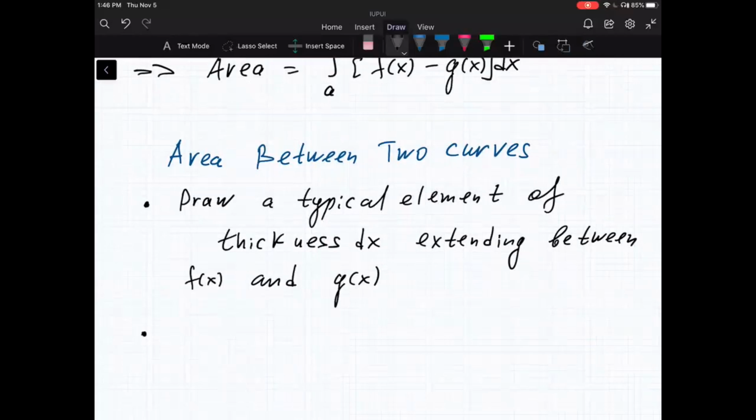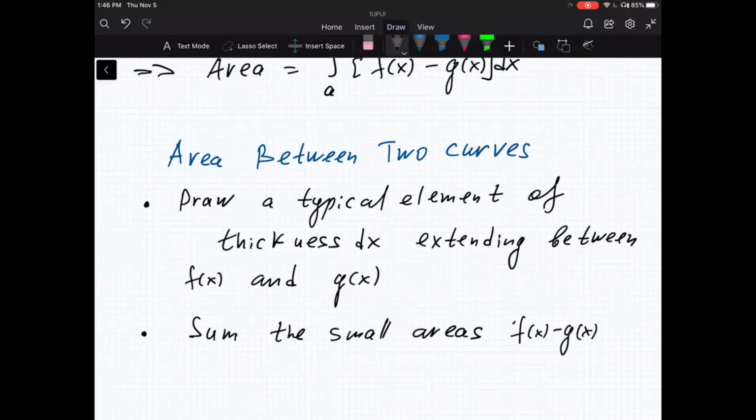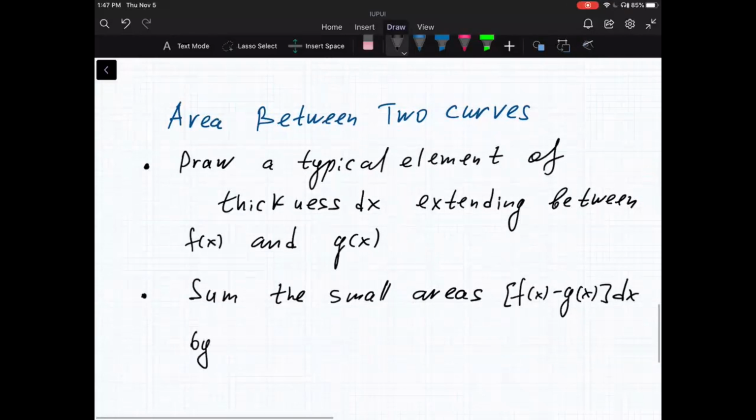Then sum the small areas, which are f of x minus g of x times dx, by the operation integral from a to b.